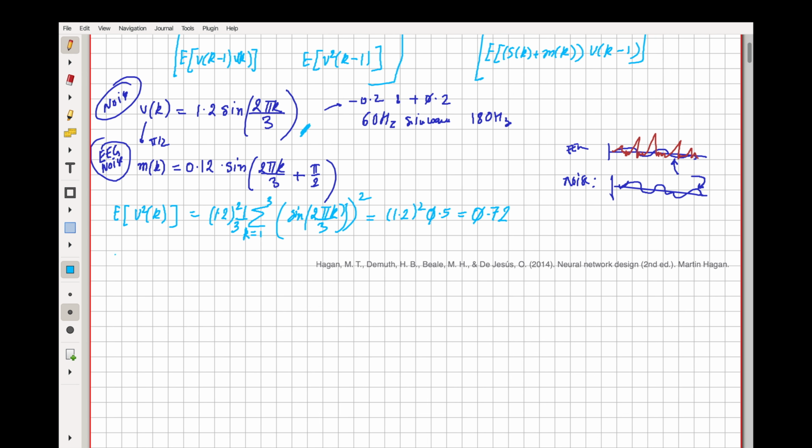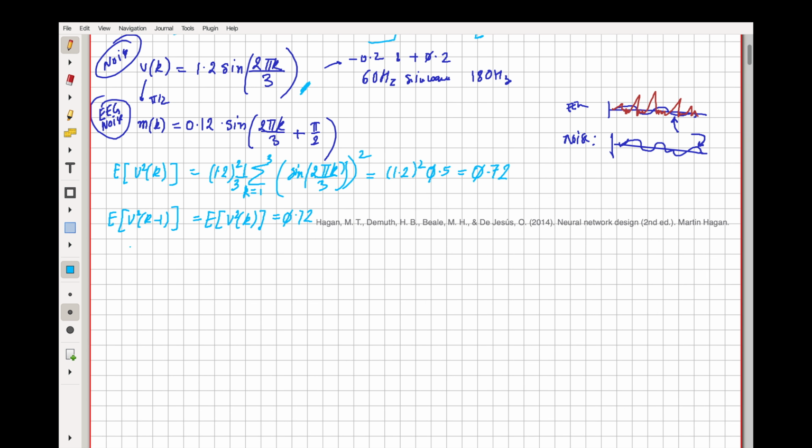Likewise, we calculate the value for expected value of v squared k minus 1, which is the same as expected value of v squared k, equal to 0.72. Now we calculate the expected value of these combined.